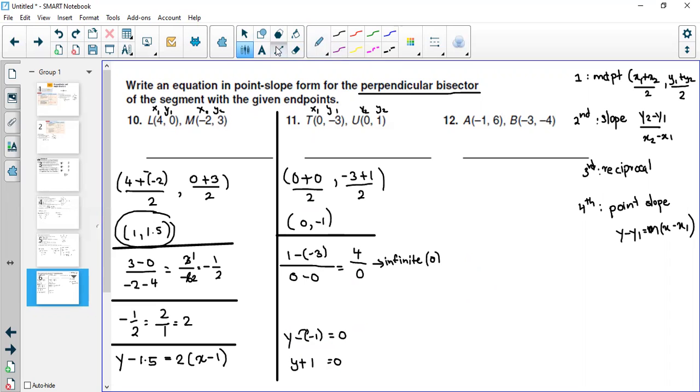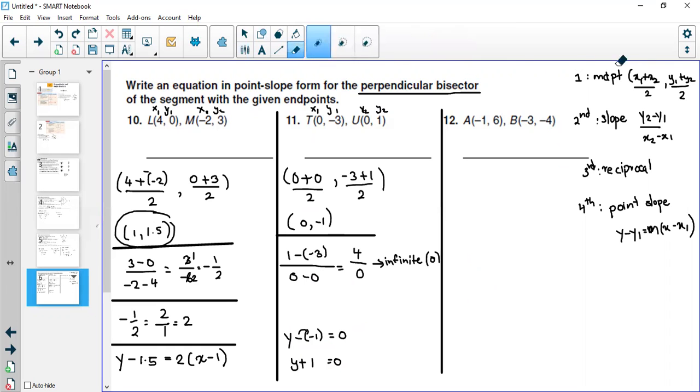That's all. Right, let's do the last question. For the last question, again, I think I will remove this. Okay, better let it be there. So let's find the midpoint first. Let me write x1, y1, x2, y2. So x1 plus x2, that's negative 1 plus negative 3, divided by 2.